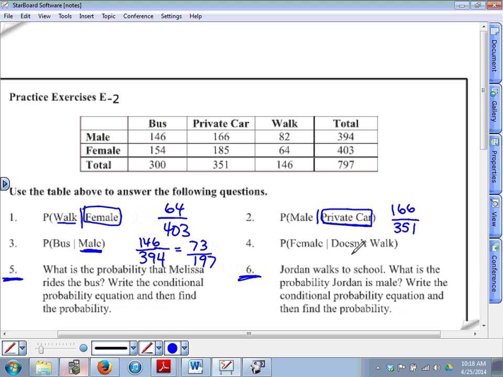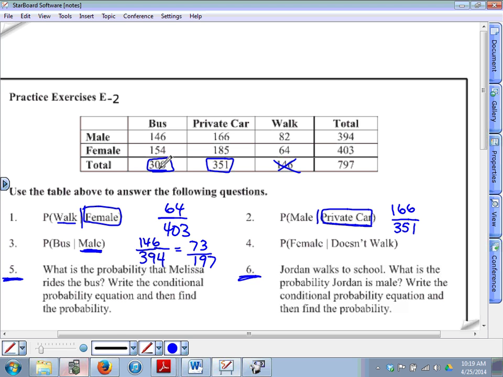Listen, question 4. What's the chance you choose somebody that's a girl given that they don't walk? If they don't walk, then they take a bus or a private car. So these both have to form your denominator.